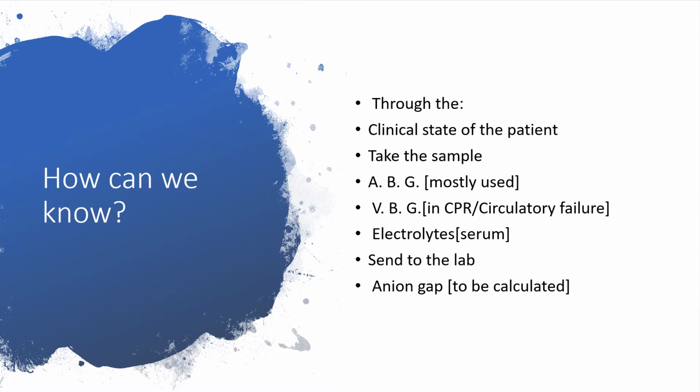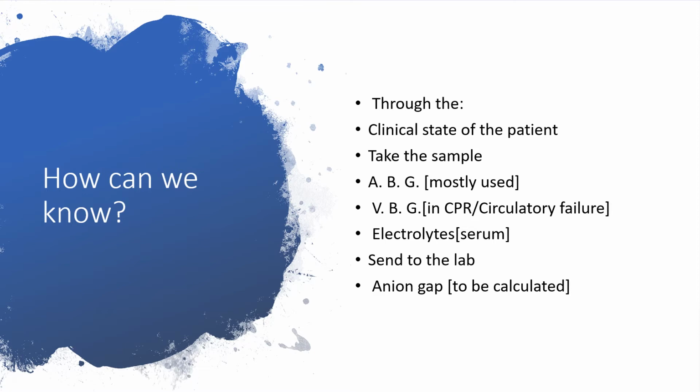So we have to consider the clinical diagnosis before ordering any sample at all, and of course the state of the patient. We need to know what is happening to that patient right now. Then, when we have the lab results, we match that with the clinical state, and then we begin our interventions.